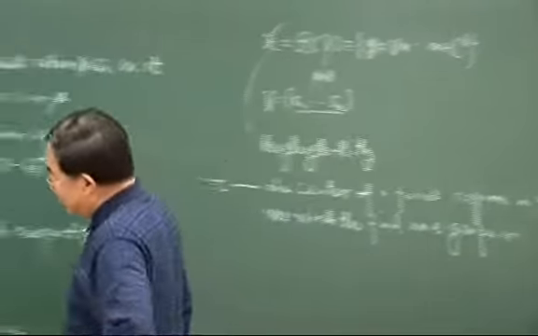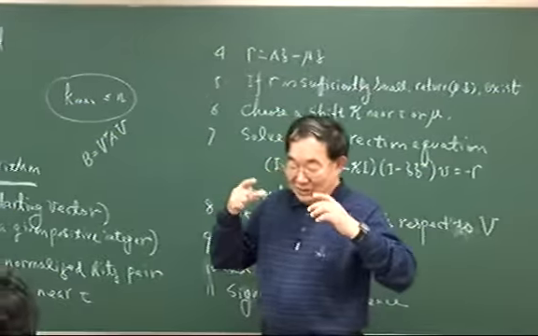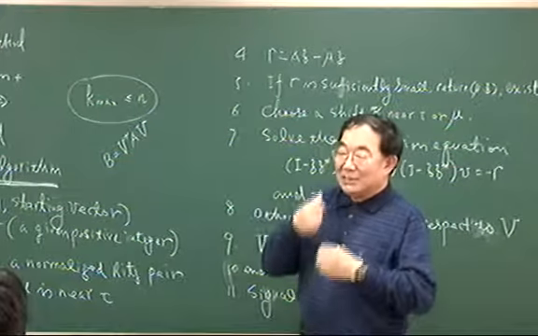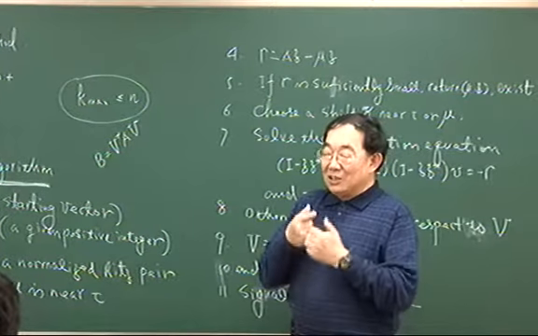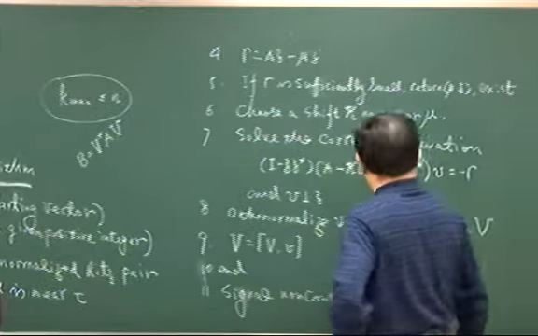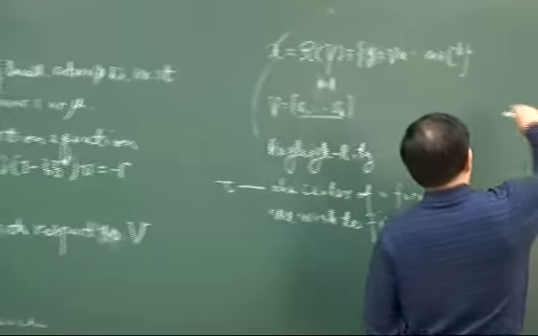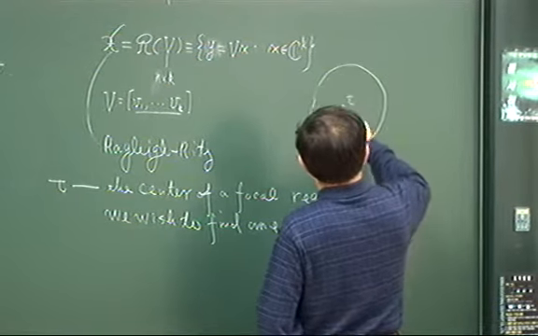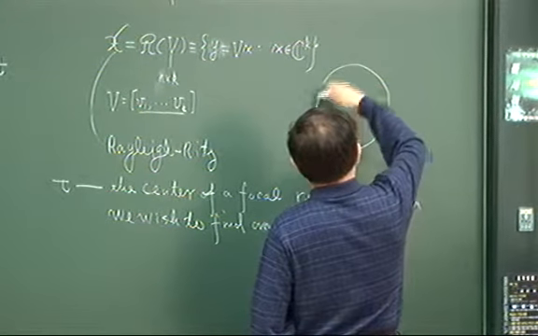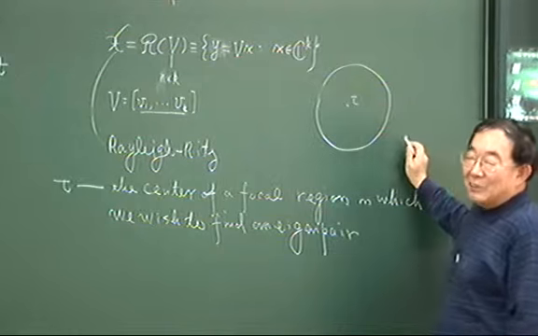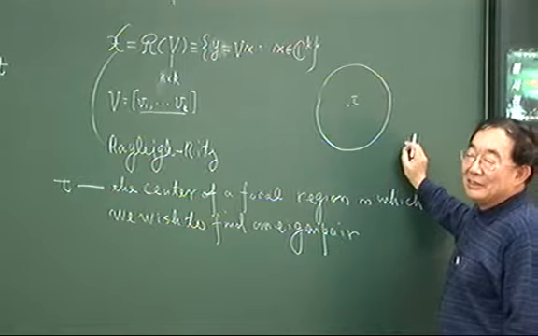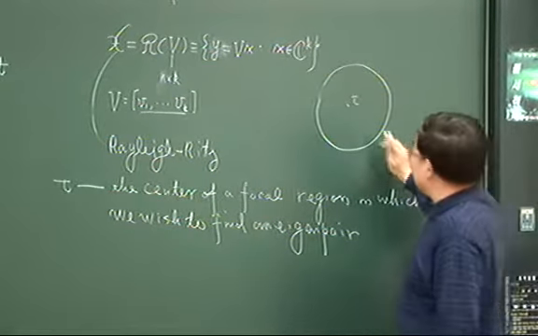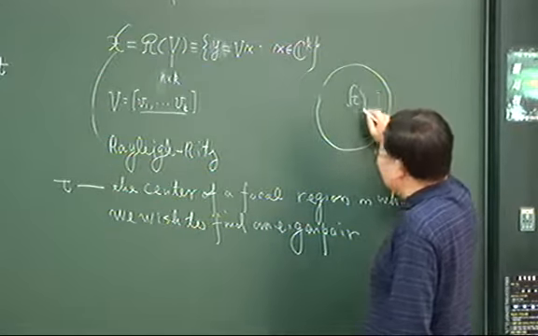That means we first know which region we want to find the eigenpair in. For example, we know the tau. You must give this before the algorithm, the focus number.